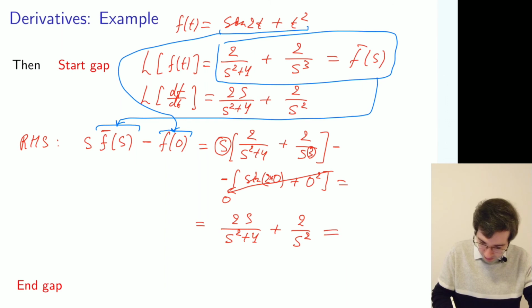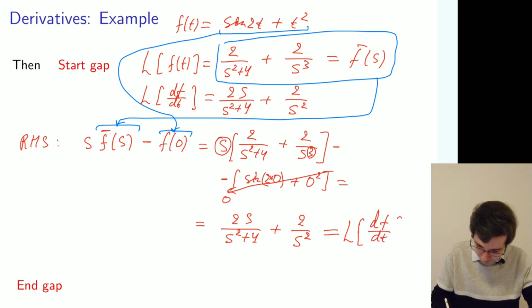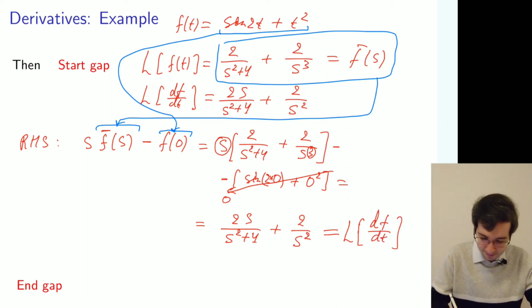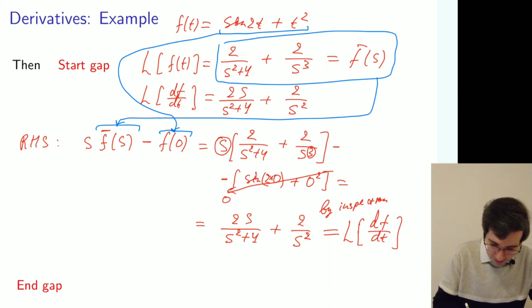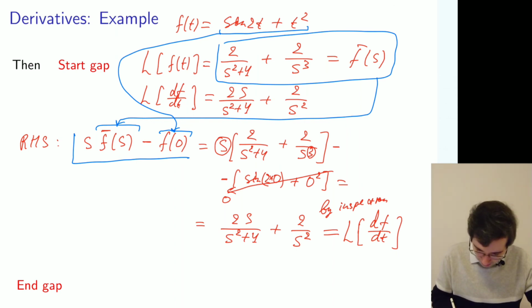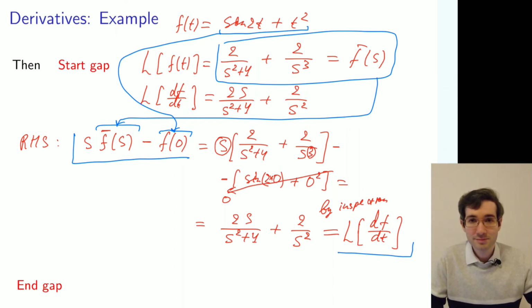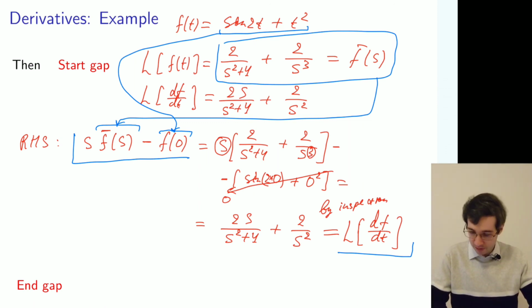And then by looking at this, you indeed see that this is nothing else than the Laplace transform of the derivative. So by inspection, we can see that indeed this right-hand side equals the left-hand side. And that is what we were asked to demonstrate.